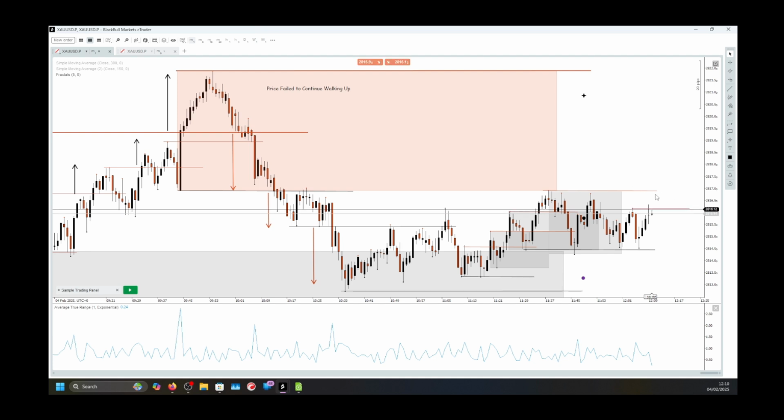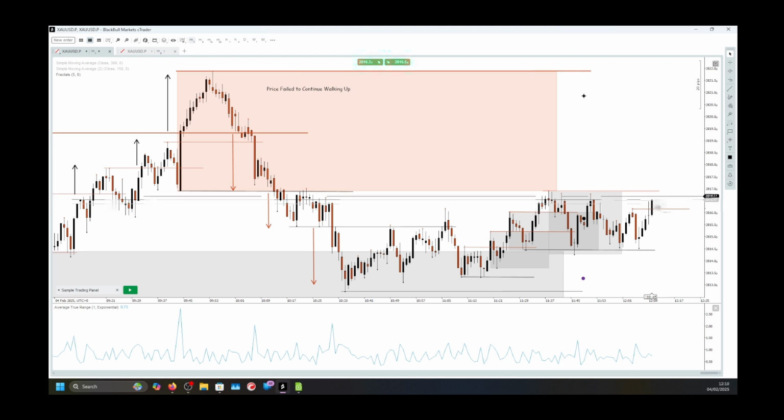But this is the difficulty of taking these trades. There's a lot of work that needs to be done. So which way is it going? So there's something there.